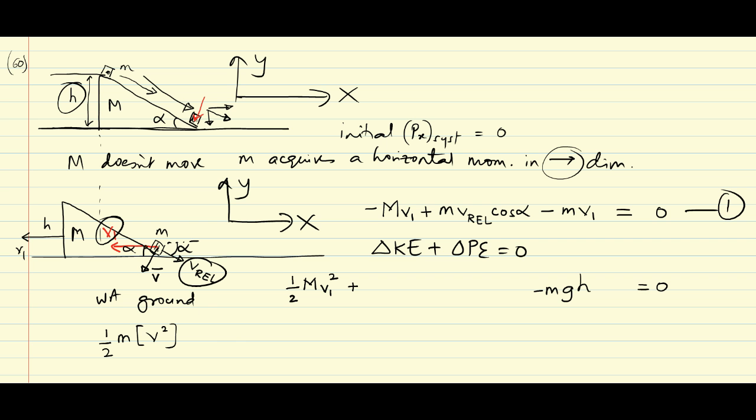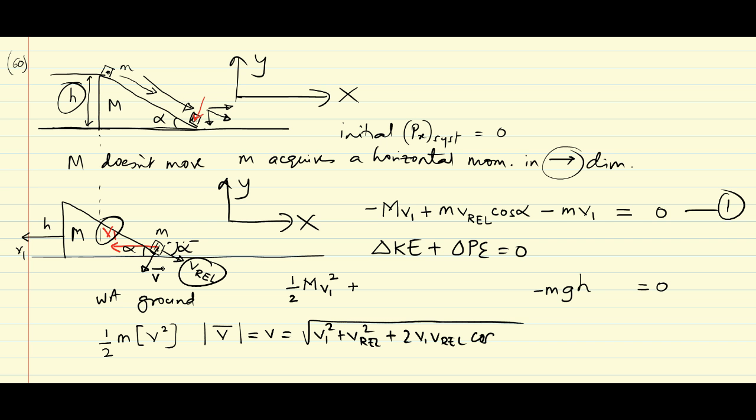Now we know the velocity components of small m, but they are not in mutually perpendicular directions. So we'll have to go by the basic formula: mod of v bar, which I have called v, the speed, is equal to square root of v1 square plus v relative square plus 2 v1 v relative times cos of the angle between them.